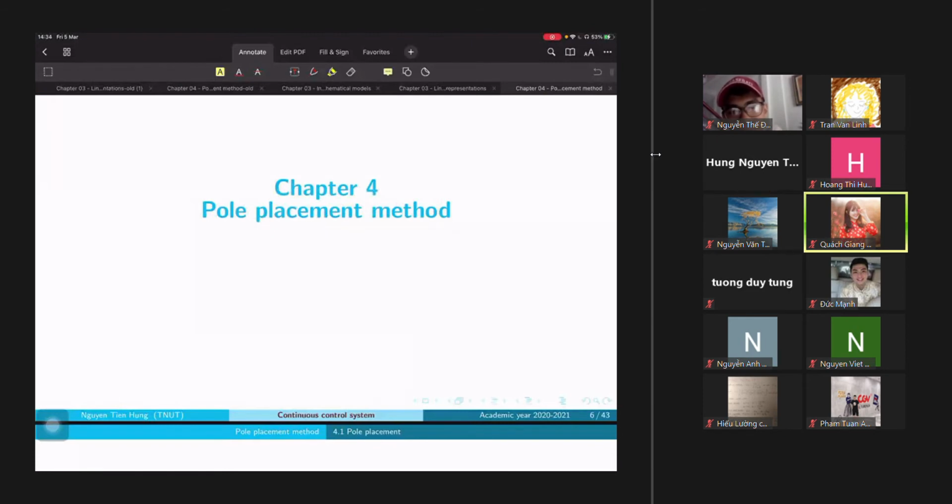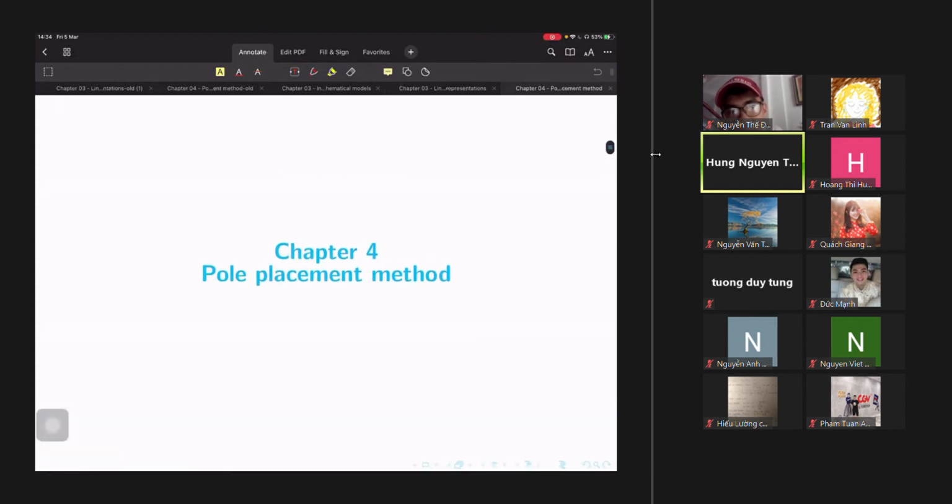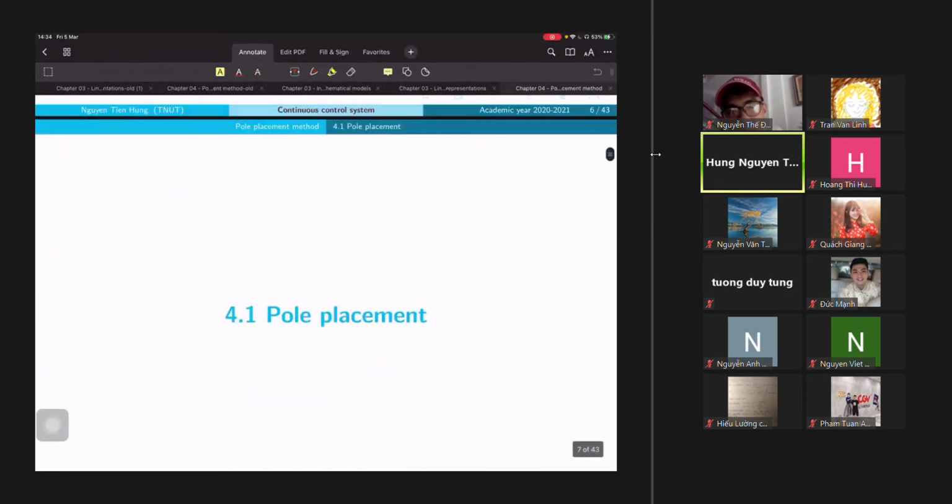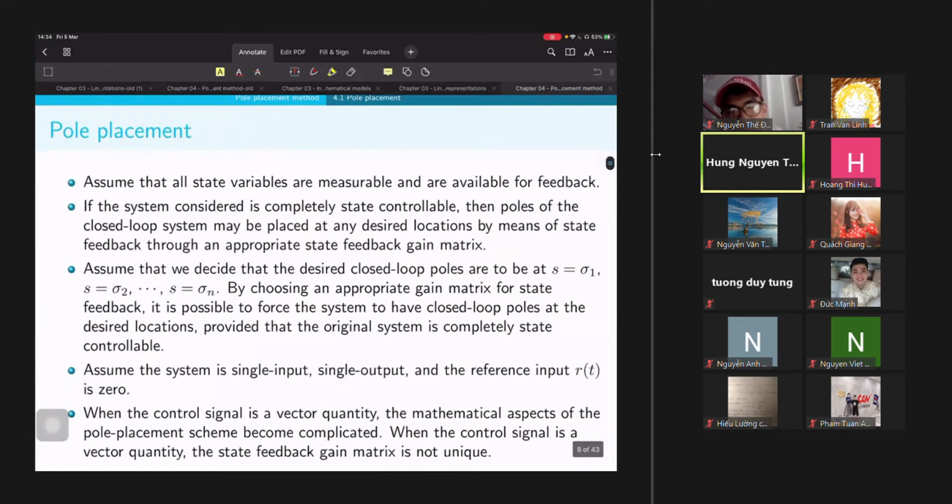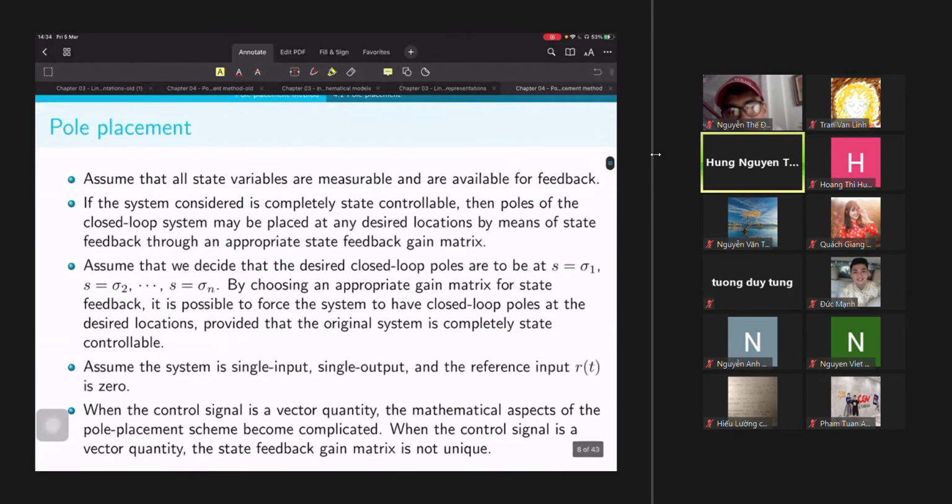Then we will investigate an example of doing this. In the last lesson, we called this the pole placement method. So this is the concept.